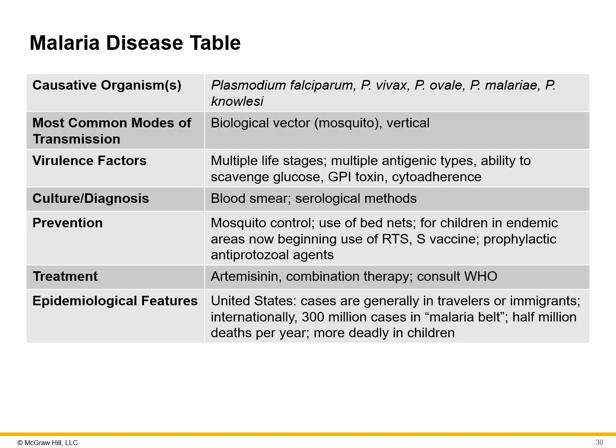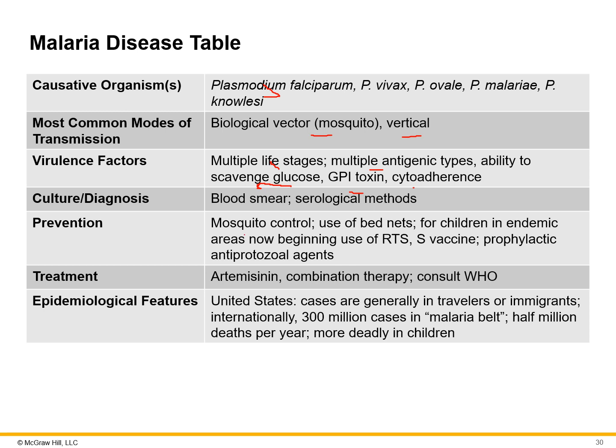All right, our table here, so the Plasmodium species is transmitted by mosquitoes or also vertical, again, mom to infant. It has multiple life stages here, lots of antigenic shifting that can occur. It scavenges and takes up our glucose, does have a toxin and the ability for some cytoadherence.